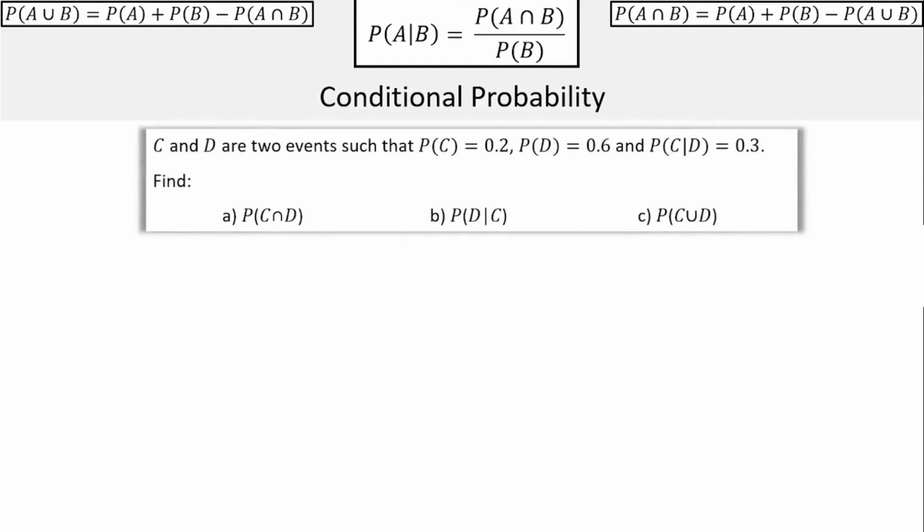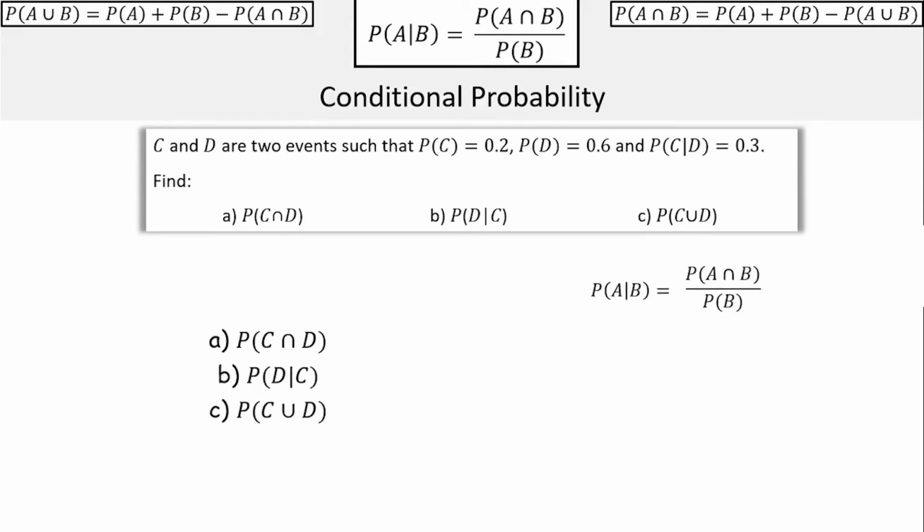We're given events C and D, and we know the probability of C, D, and the probability of C given D. And we're asked to find the intersection of C and D. Okay, as soon as I know I'm working with a given statement, I like to write out that given formula straight away. So it's probability of A given B equals the intersection over the probability of B. I'm going to switch these out for C and D in the correct places.